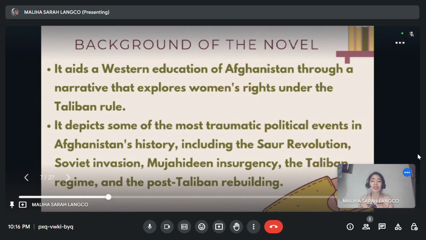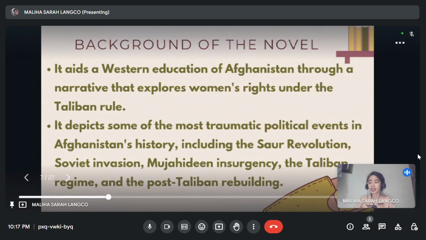It depicts traumatic political events in Afghan history, including the Saur Revolution, Soviet invasion, Mujahideen and insurgency, the Taliban regime, and the post-Taliban rebuilding. It revolves around the events that specifically happened to Afghanistan because of war and invasion. This story explores more of the women's side. It shows how women are treated at this crucial time.